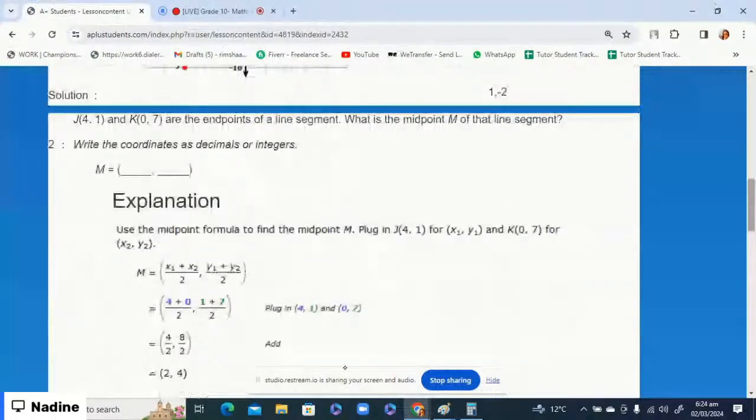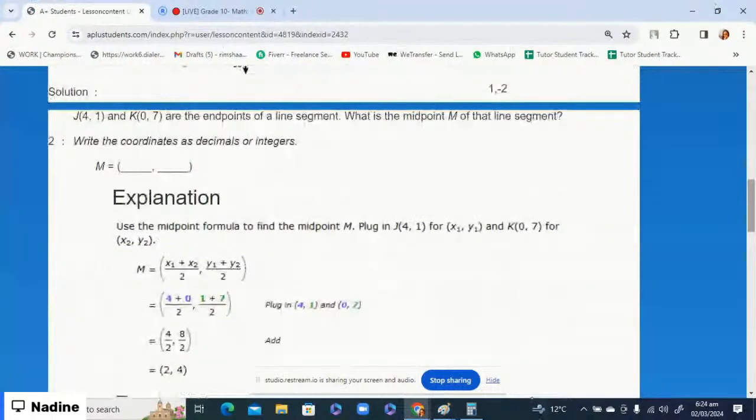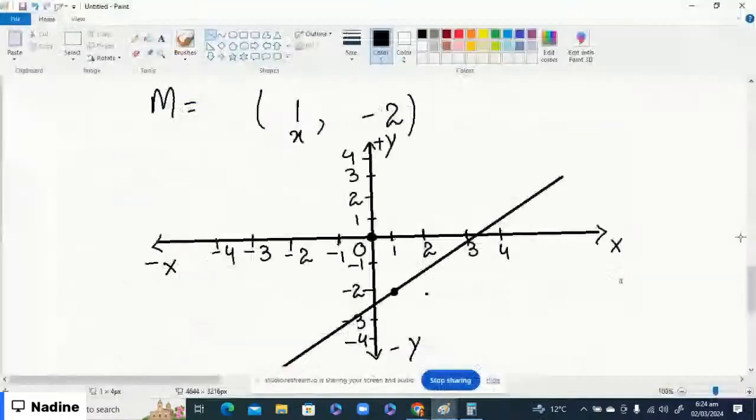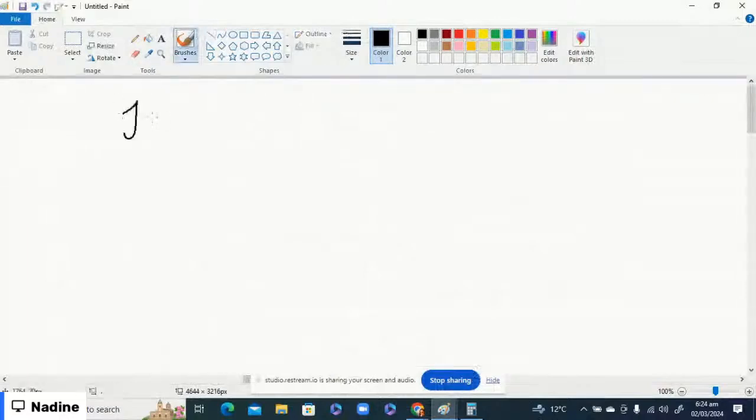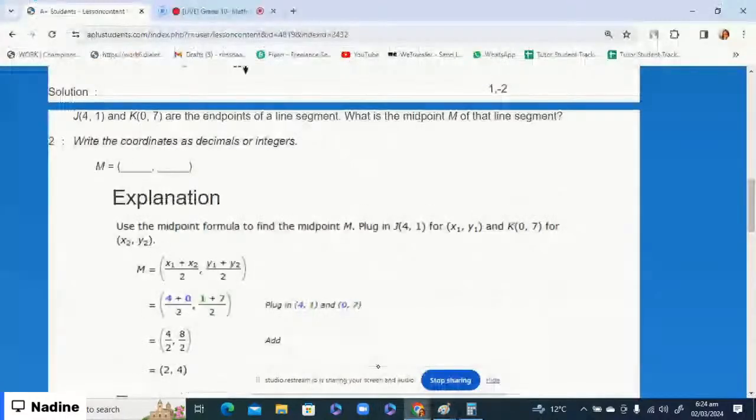All right, let's do the next one more question. J is 4, 1, K is 0, 7. J, that is given 4, 1 and now K is 0 and 7.